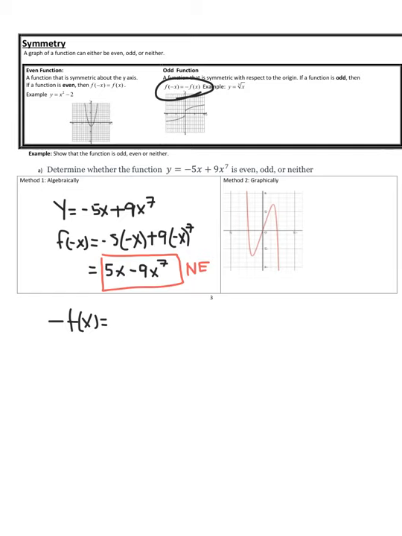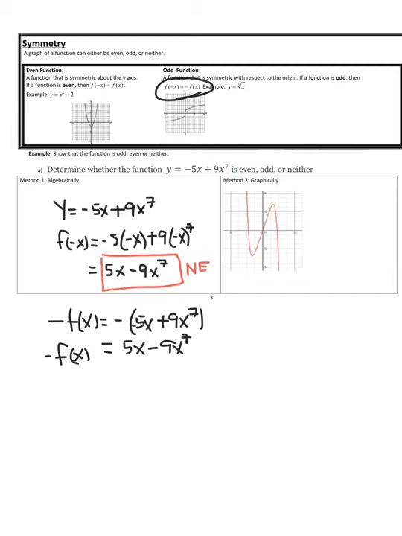So I take the original function, negative of negative 5x plus 9x to the power 7. Remember the original one had negative, so this becomes 5x minus 9x to the power 7. Okay, so that is what negative f of x is equal to.